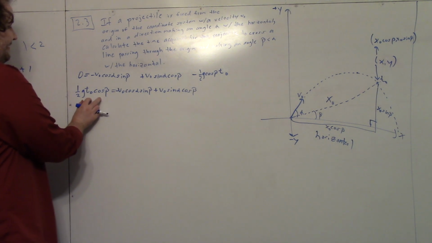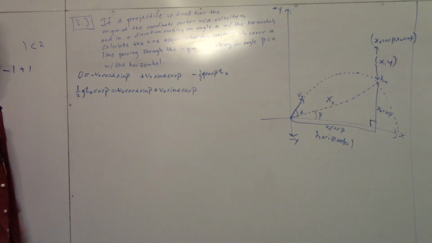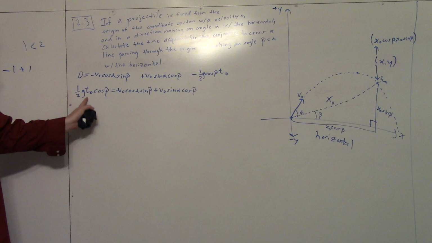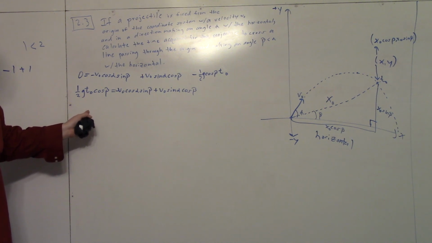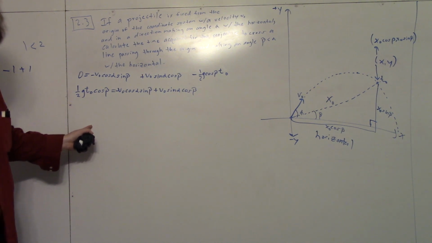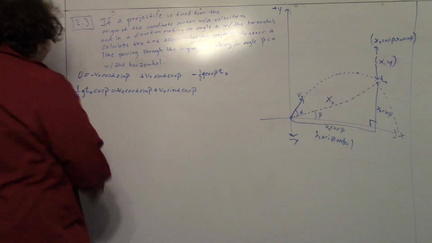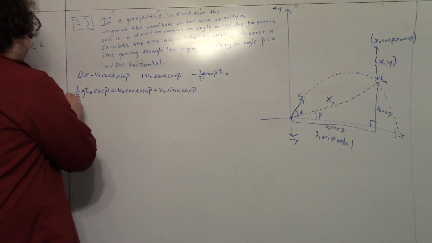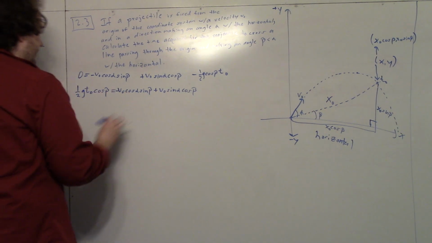This is all multiplication. If we want to undo a bunch of this to find T naught, what's the reverse of multiplication? Division. So let's multiply both sides by 2.